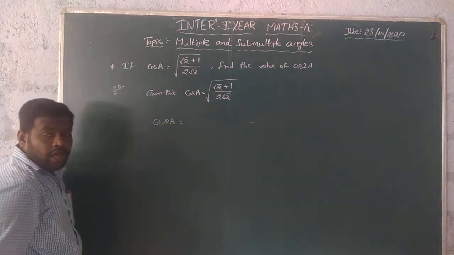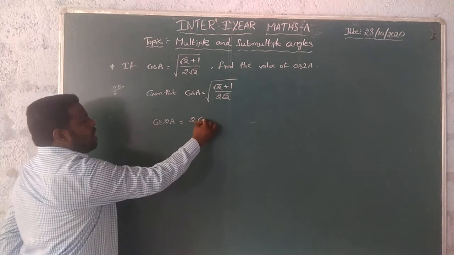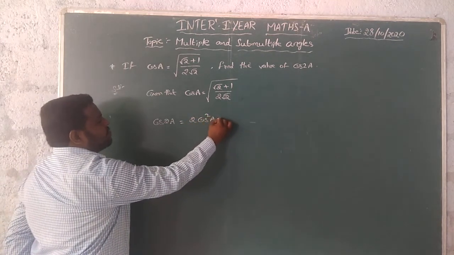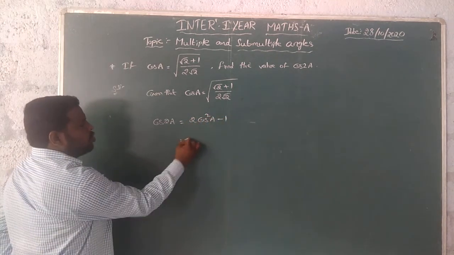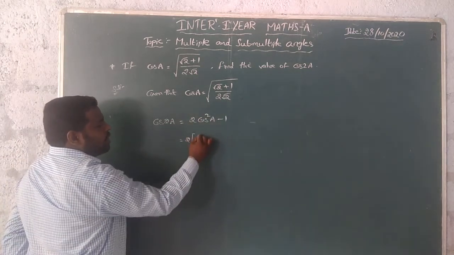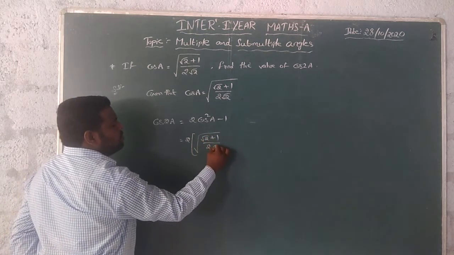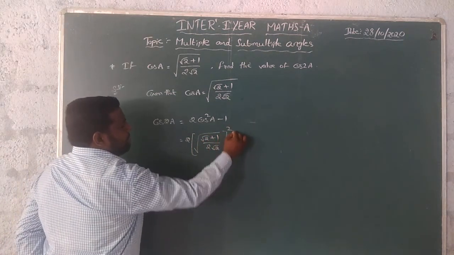The cos 2A formula in terms of only cos is 2 cos square A minus 1, that equals 2 into, we know the value of cos A. What is the value of cos A? Root of (root 2 plus 1) by 2 root 2, whole square, minus 1.